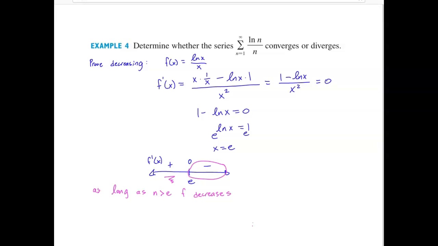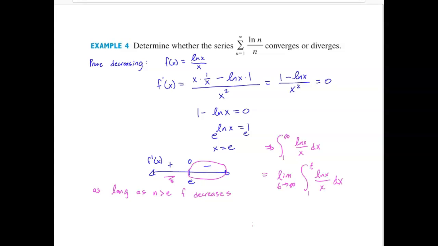We'll take the integral from 1 to infinity of our original function, natural log x over x dx, which is the limit as t approaches infinity of the integral from 1 to t of natural log x over x dx.